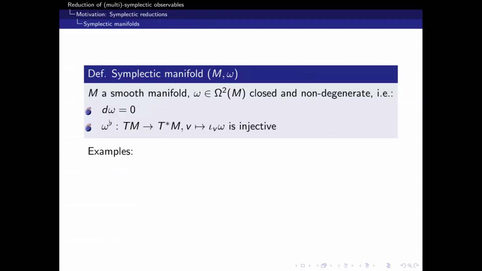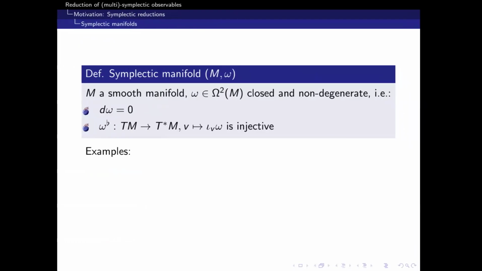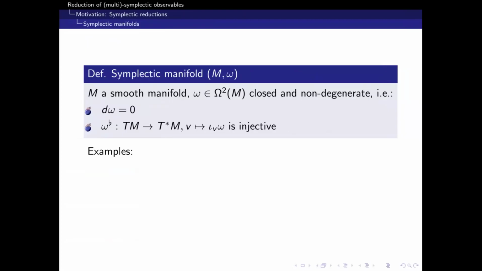I already note here, in moral preparation for the multisymplectic part, that non-degeneracy is injectivity of the contraction map from the tangent bundle to the cotangent bundle. But because those two vector bundles are of the same dimension, injectivity and bijectivity are the same thing.